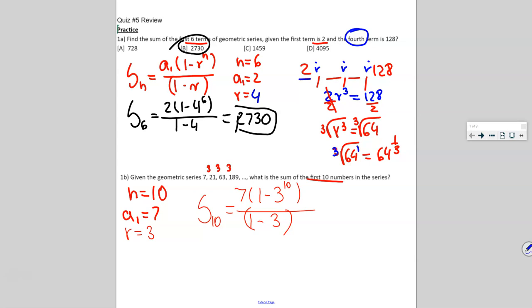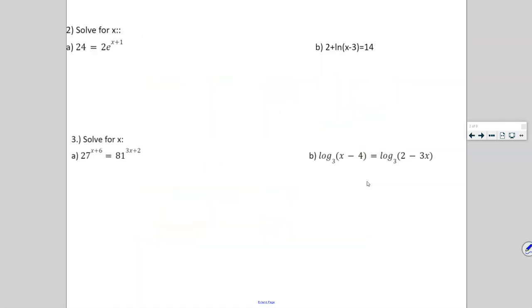I would keep this part in a calculator in parentheses, just to make sure when you're dividing by the sum of 1 minus 3. And you should get 206,668.